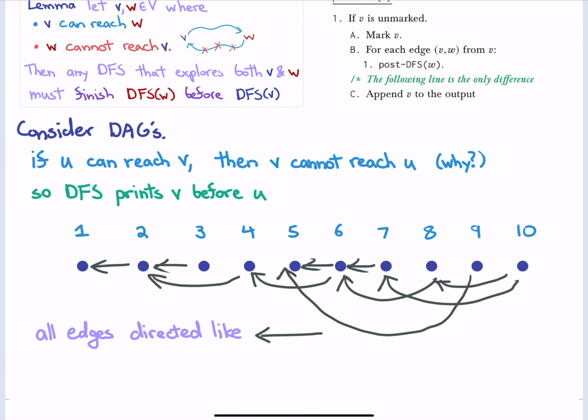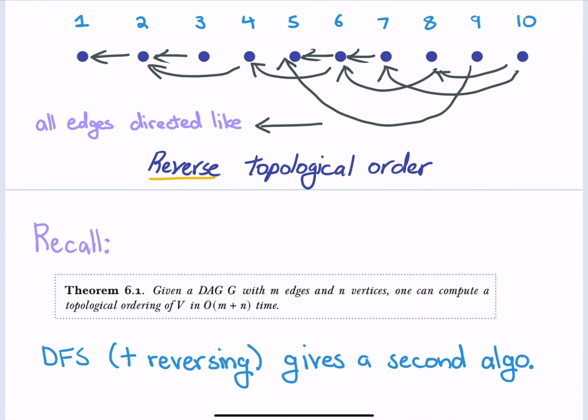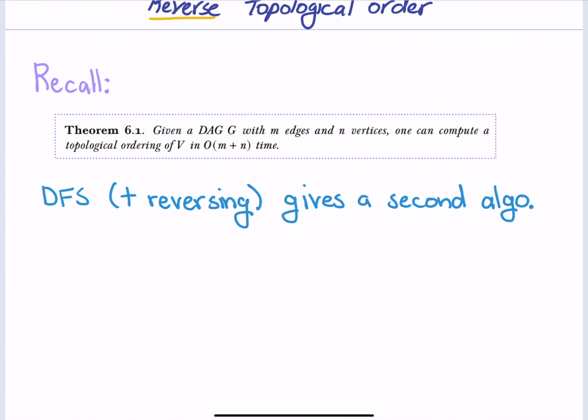Perfect. The topological order actually went the other direction, so it's in reverse. It's printing out all the vertices in reverse topological order, and that gives you a second algorithm for computing a topological order.